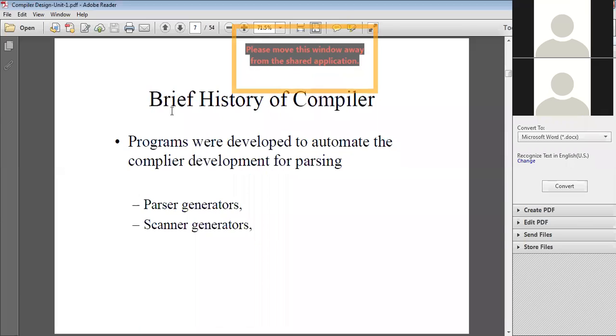Programs were developed to automate compiler development for parsing. So we are using parser generators and scanner generators, which we can discuss later on.